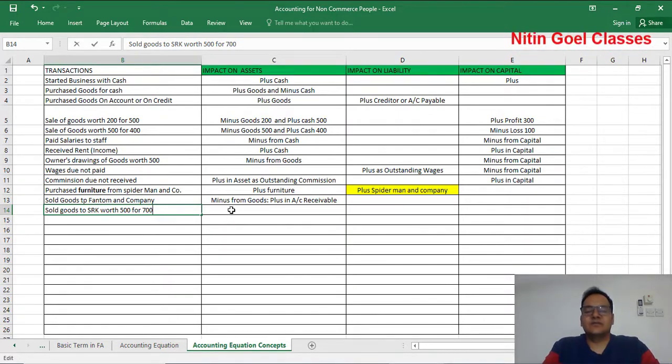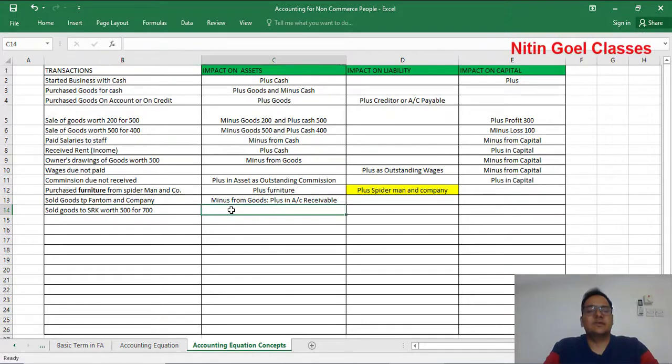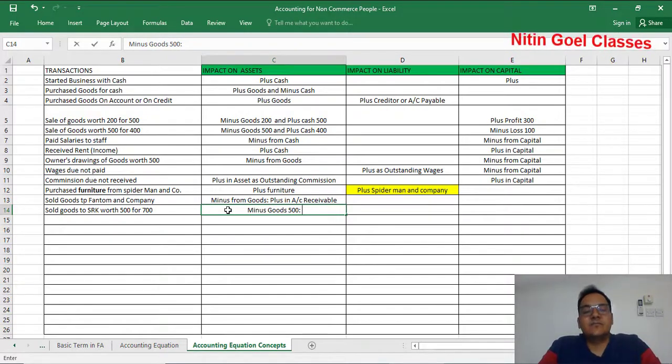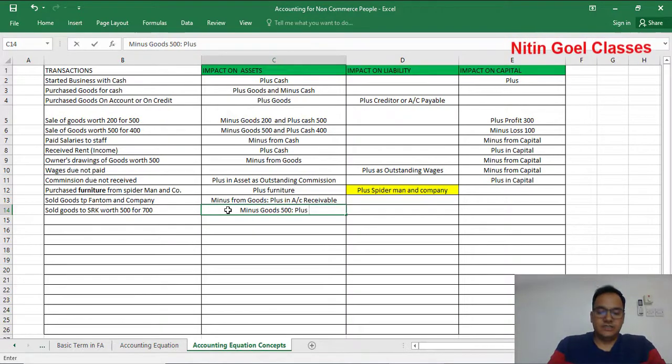Now I think you have become smart enough to understand all this. So we have sold goods to SRK worth 500 for 700. So how much goods minus? Minus goods 500. This is clear. Now is it a cash transaction or credit transaction? Again there is no payment mentioned, so it is a credit transaction. So plus accounts receivable.